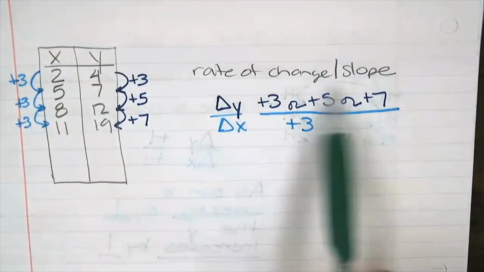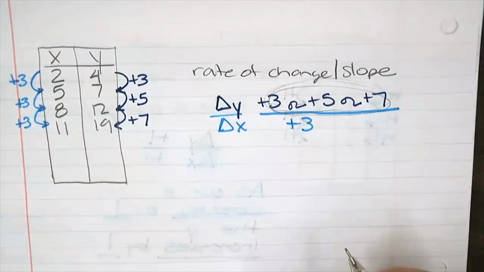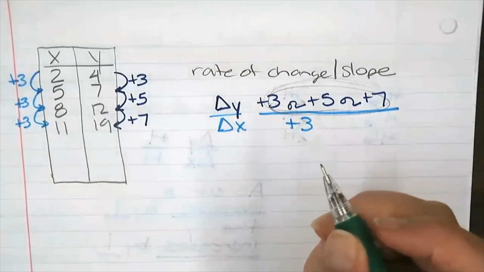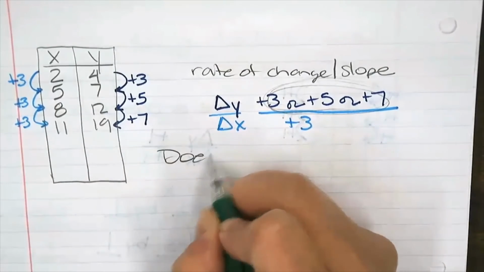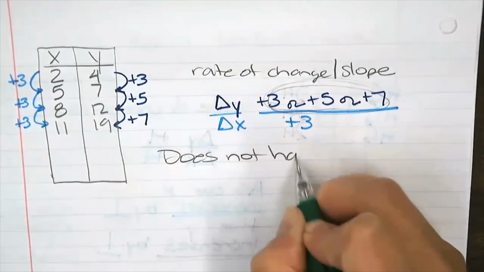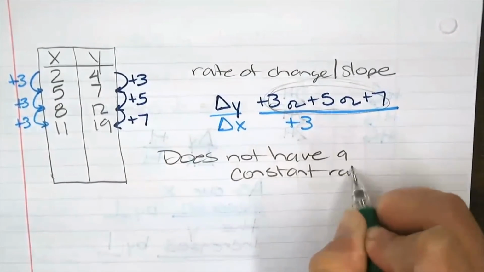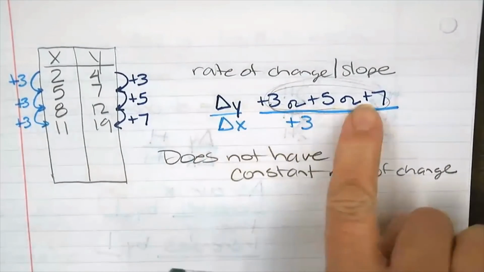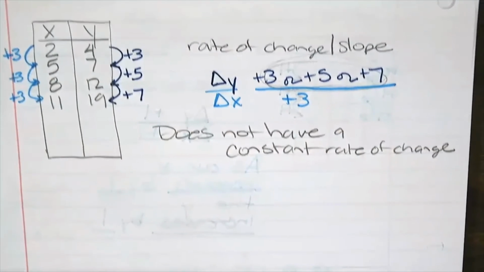So when I look at this, I do not have a constant rate of change. My change in y is not constant. It's not the same.